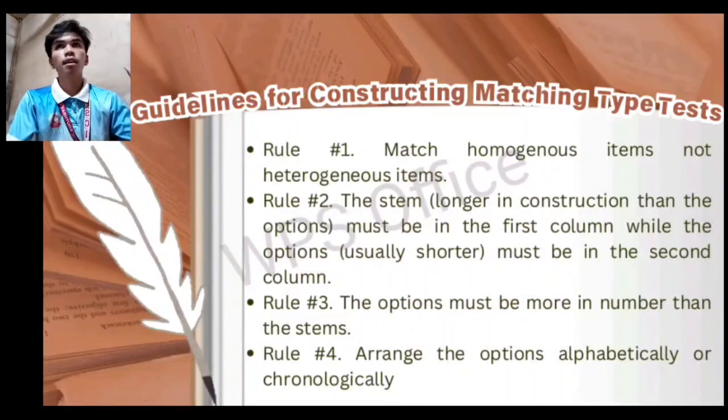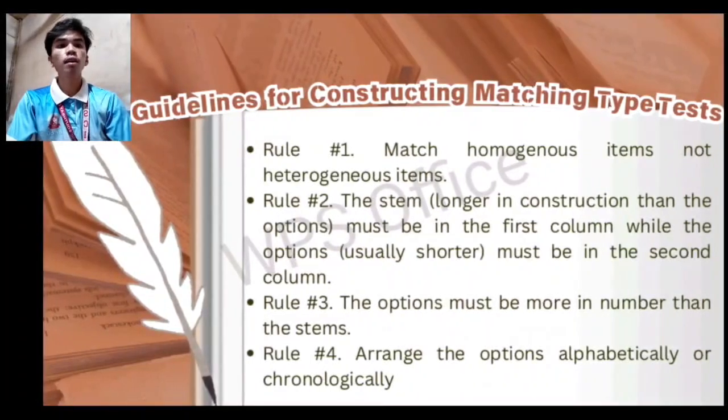Column B is capitals. So that is in the same category, countries and the capitals. And items must belong to the same category to avoid confusion.